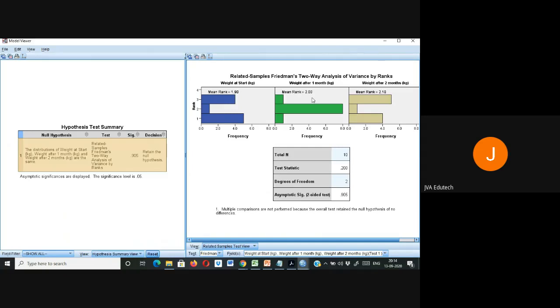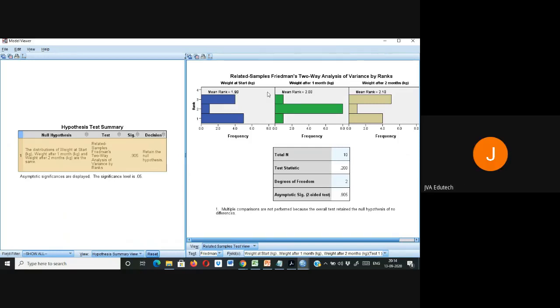Is there any significant difference in the mean ranks of the weights? Almost it's 1.92, 2.1, 2.10. There is no significant difference.